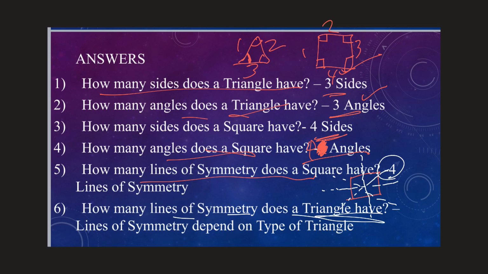A lot of students, including extremely smart students, were giving us answers like 3, 2. But the truth is, it depends on the type of triangle. If we have that equilateral triangle, we'll have 1, 2, 3. If we have the isosceles, where this side here is equal to this side, but not this side, we'll have 1. So it depends on the triangle.